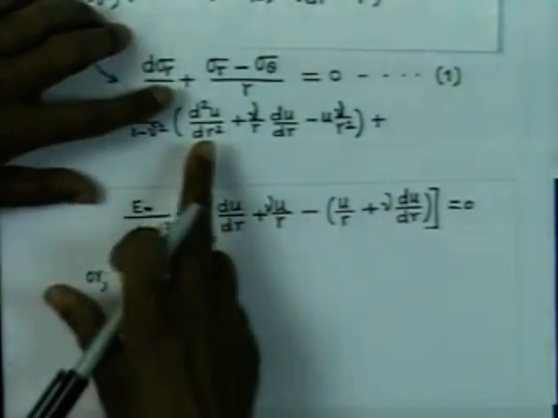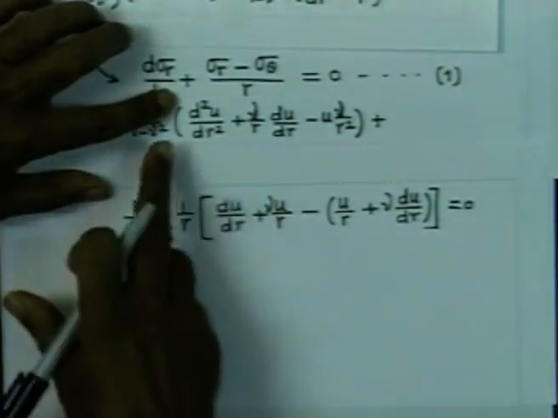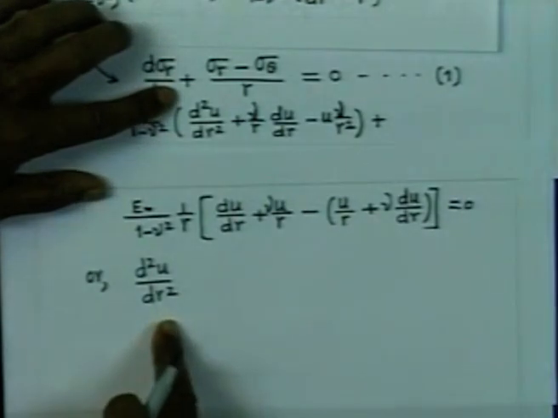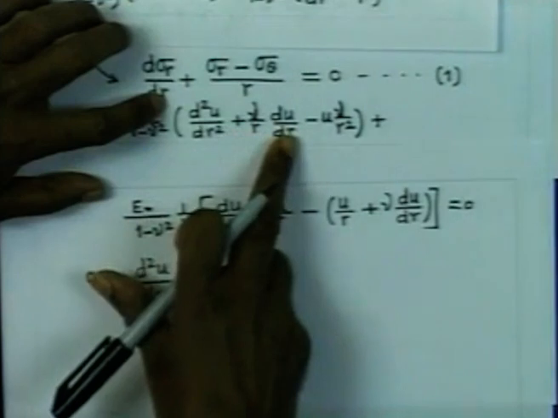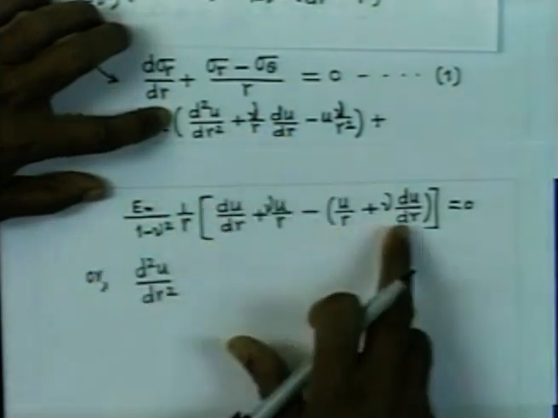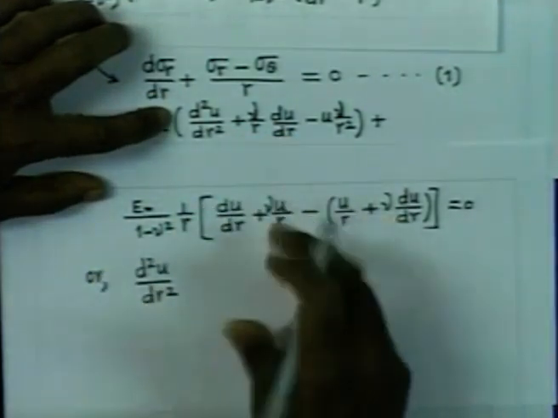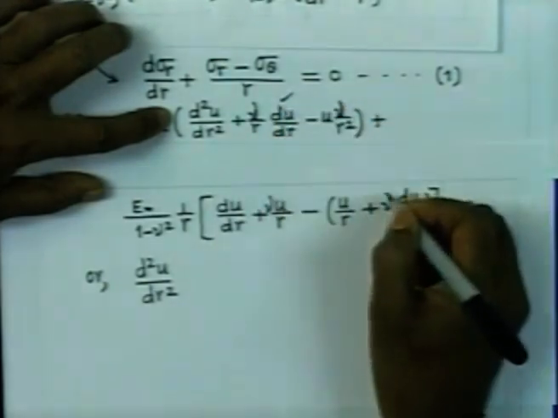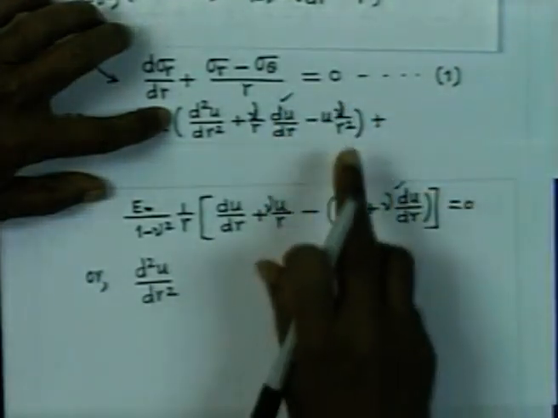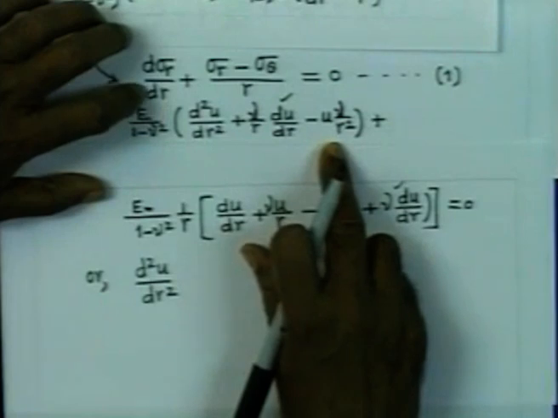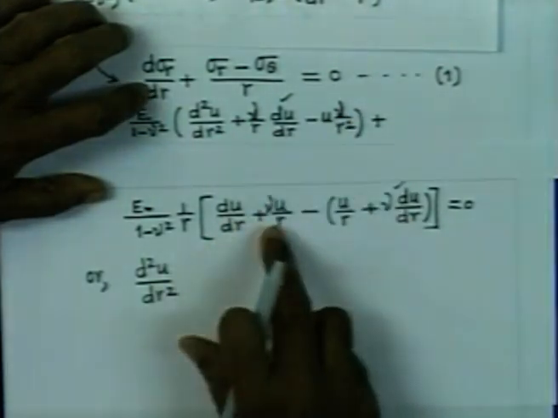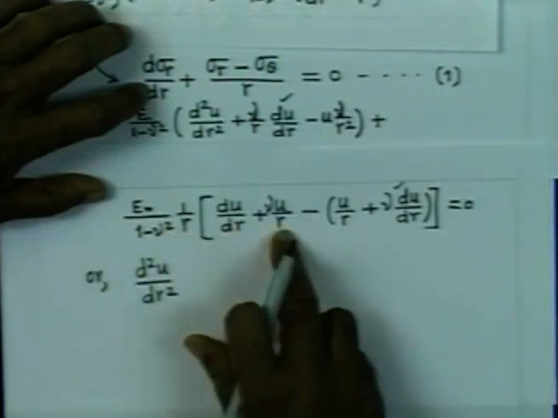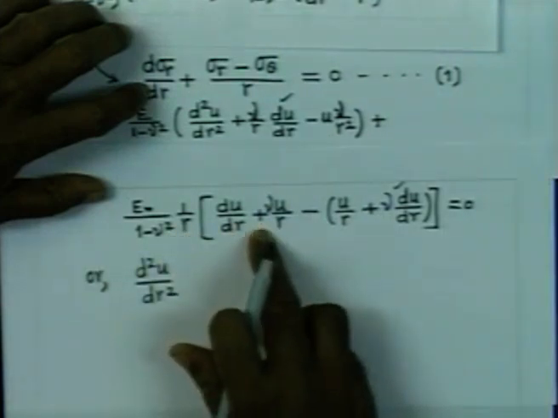Now if we try to simplify, we are going to have d2u dr square, and here it is nu du dr. This is going to cancel with this term. So, this term will cancel with this term, and this term is u nu by r square. This is negative, and this term is also going to be nu u by r square, but this is positive sign.